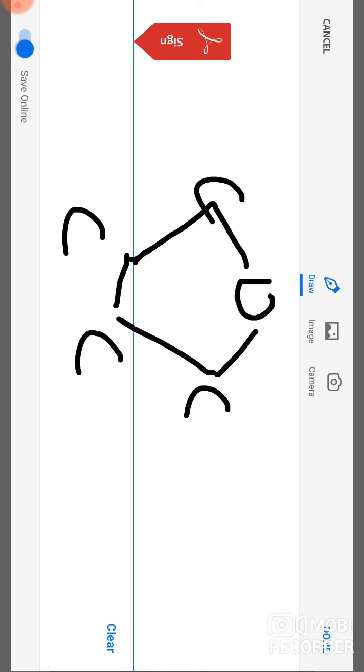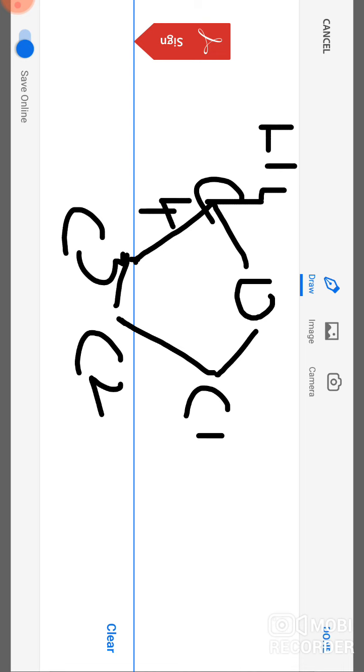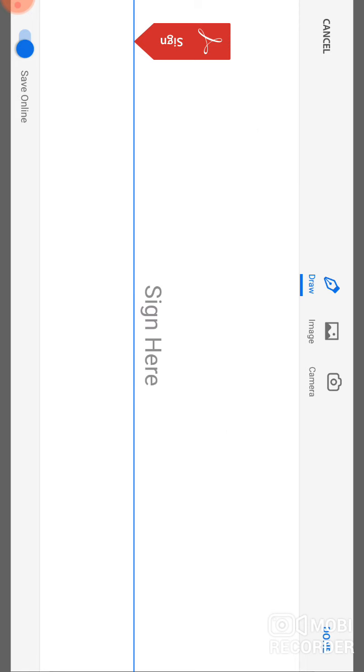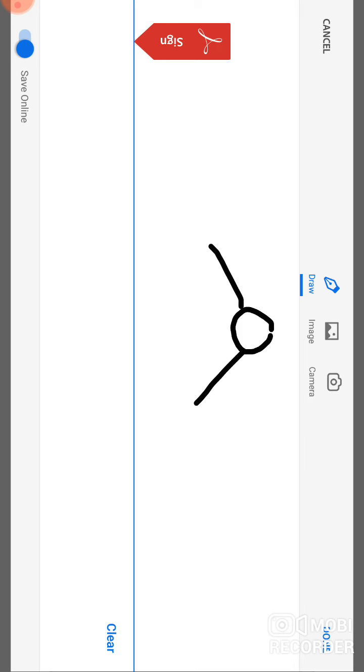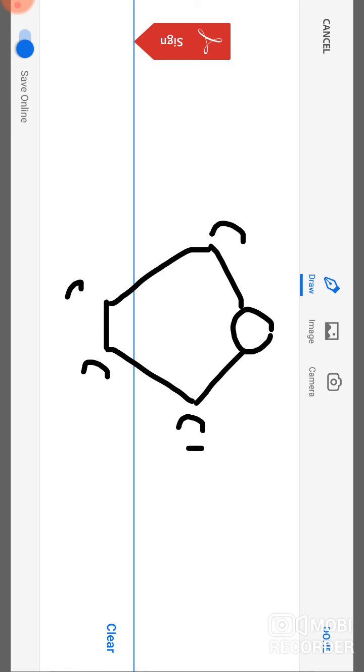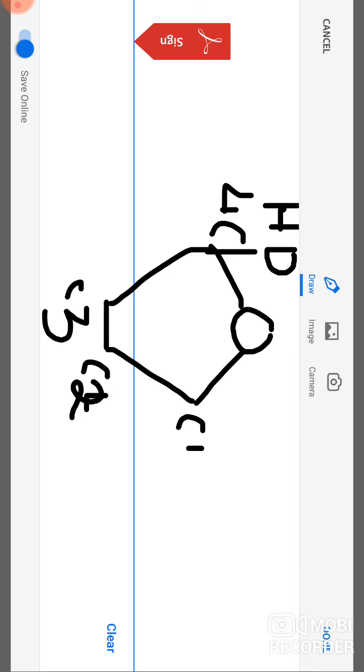Four carbons are present in the ring. And we'll be attaching here also HOCH2.